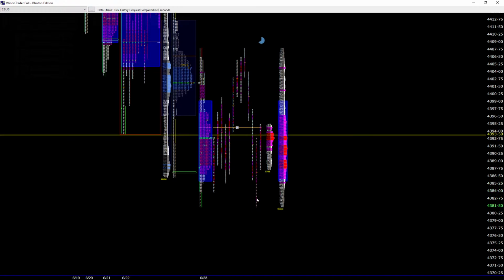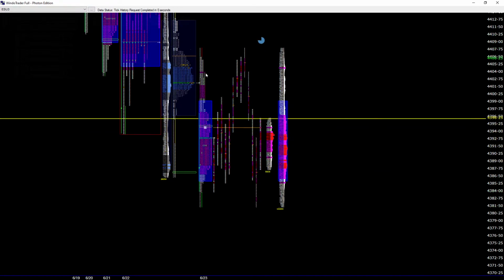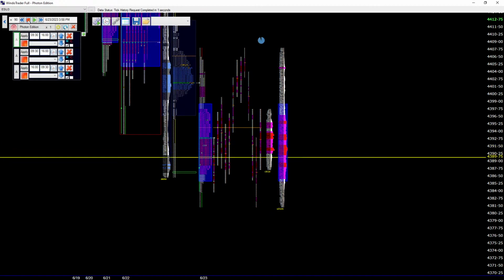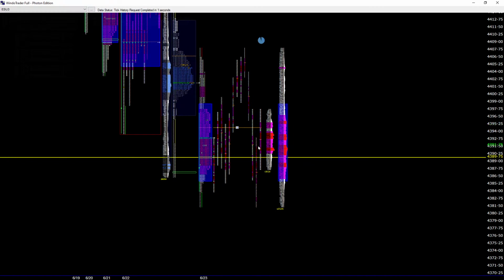And you got to be able to see where these levels are. And now, the risk here is, when you see this kind of days, it's not really readable.